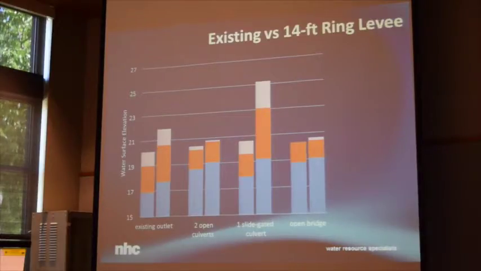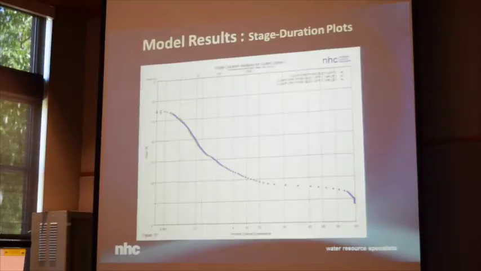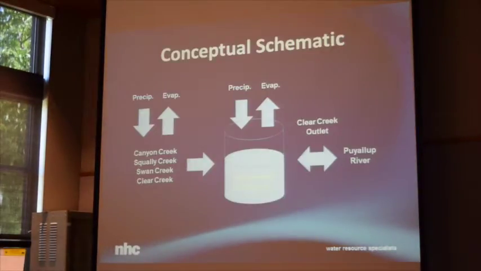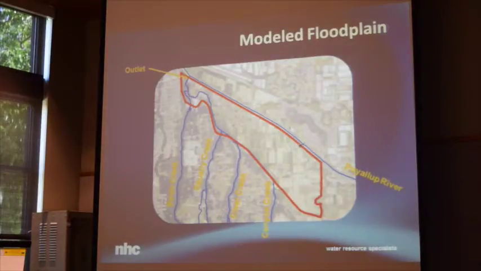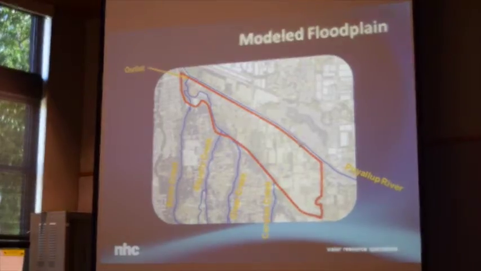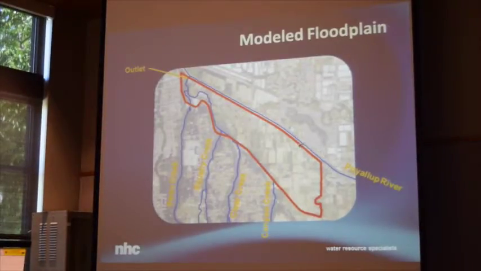Could you go back to a map of the drainage area with the creeks coming in? Yeah, that's great. So what the members of the local community have been asking is for a smaller berm than even the 14-foot contour.